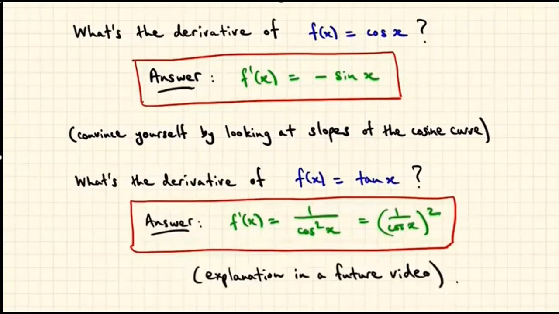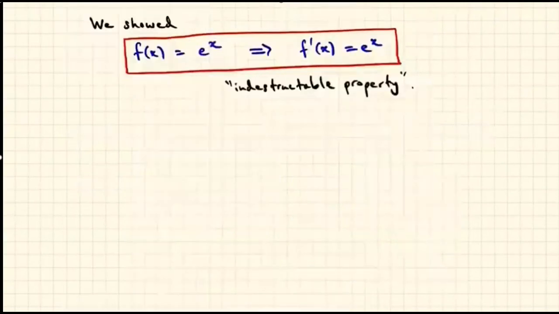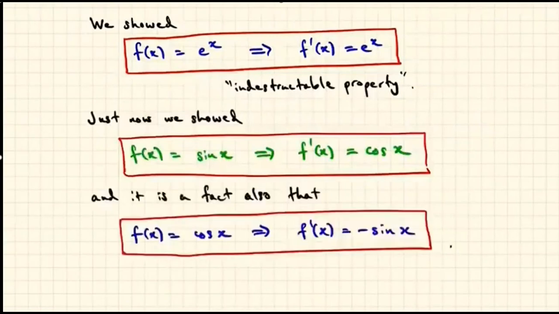We showed before that the derivative of e to the x is e to the x. We've just shown that the derivative of sine x is cos x, and mentioned that the derivative of cos x is minus sine x.